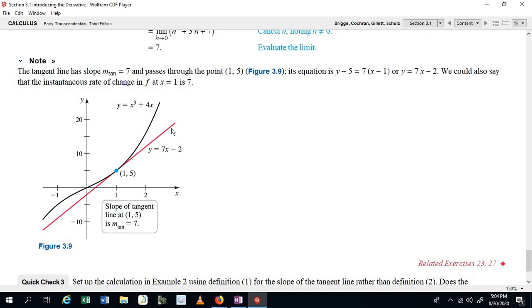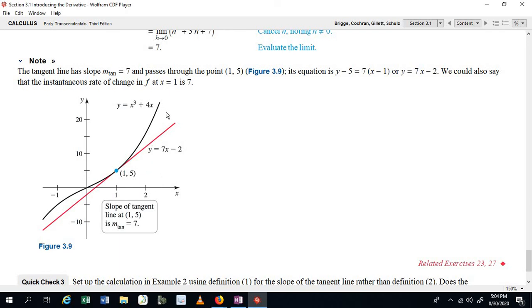Now you can see that has a positive slope, okay? And you can see that the y-intercept is at -2, right? So it goes through this point -2 on the y-axis. Okay, so that's it. That's the equation of the tangent line at this point.